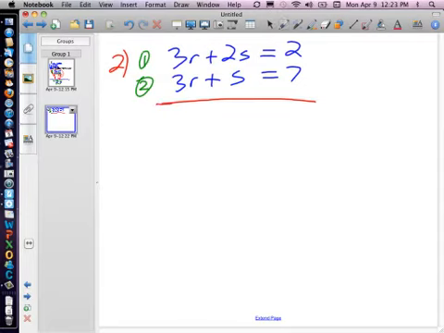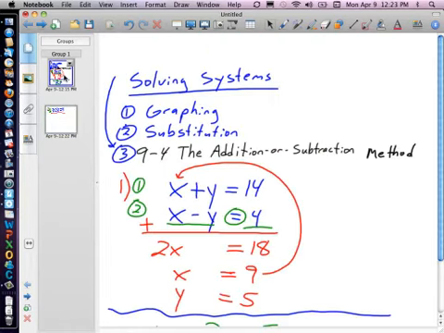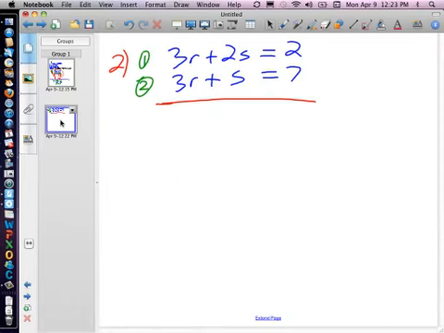Now in this case, if we add, we're going to end up with 6r plus 3s equals 9. And that doesn't help us because what we're doing is we're going to try to eliminate one of the variables. If you look back here, what happened was when we added these two equations, we eliminated the y's. Okay, if we were to add here, we would eliminate nothing.